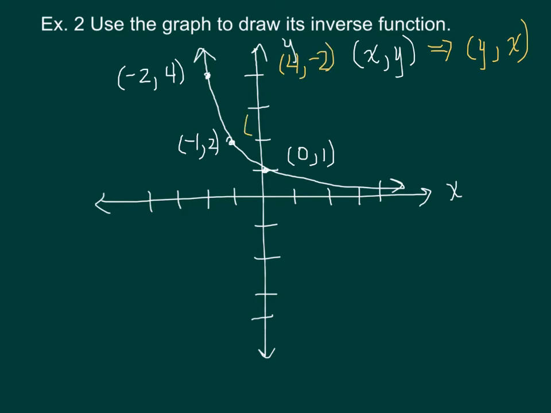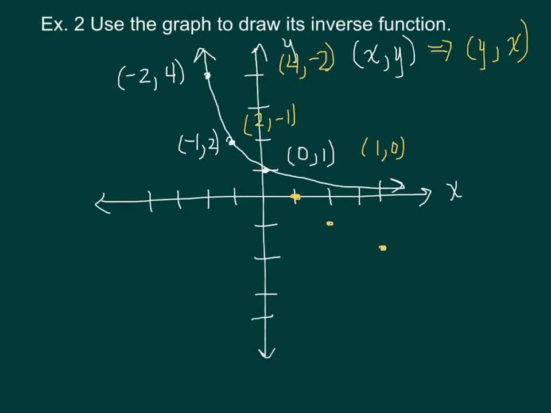This point would be 2, -1. And this point would be 1, 0. So now I'm going to plot those points: 4, -2, 2, -1, and 1, 0. And then you'll graph this new graph.